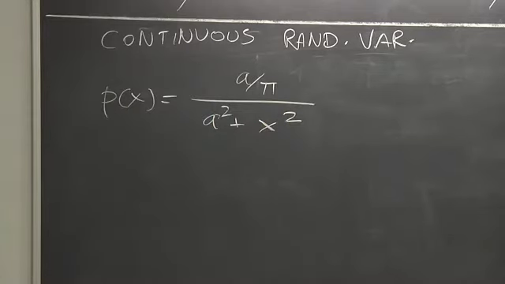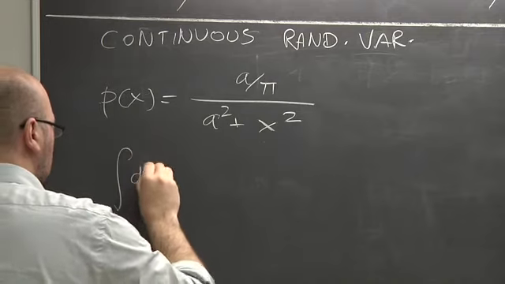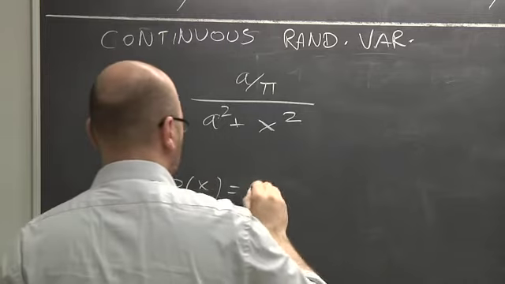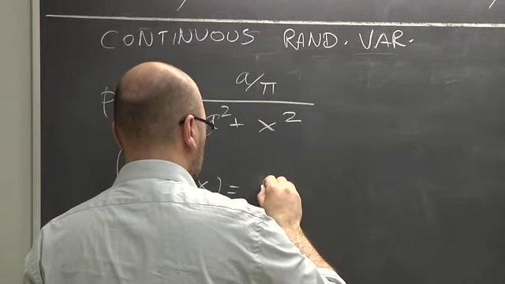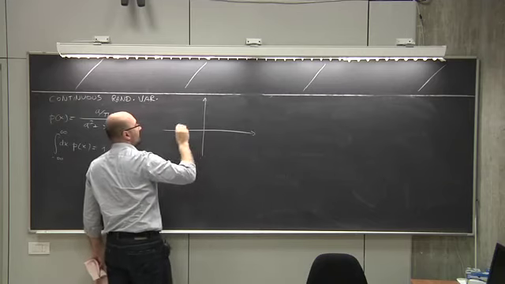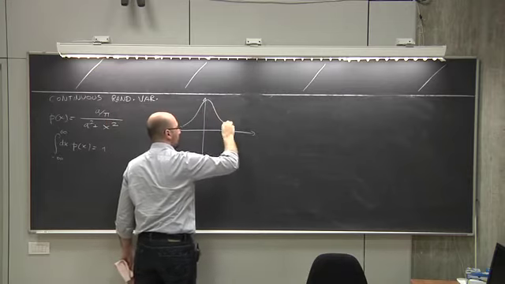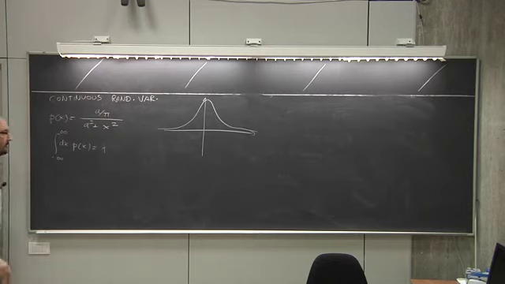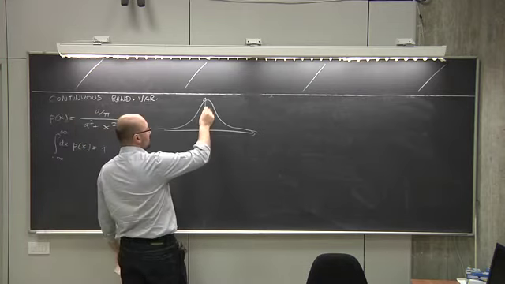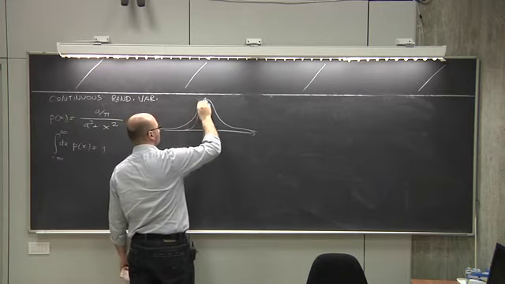It's a Lorentz distribution. This is a distribution which has very long tails. So when x goes to infinity, compared with the Gaussian distribution, this looks something like this. The Gaussian distribution looks like this.